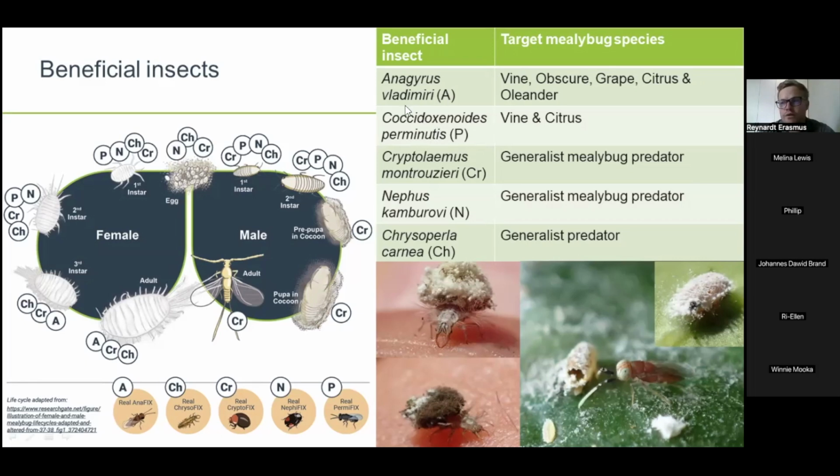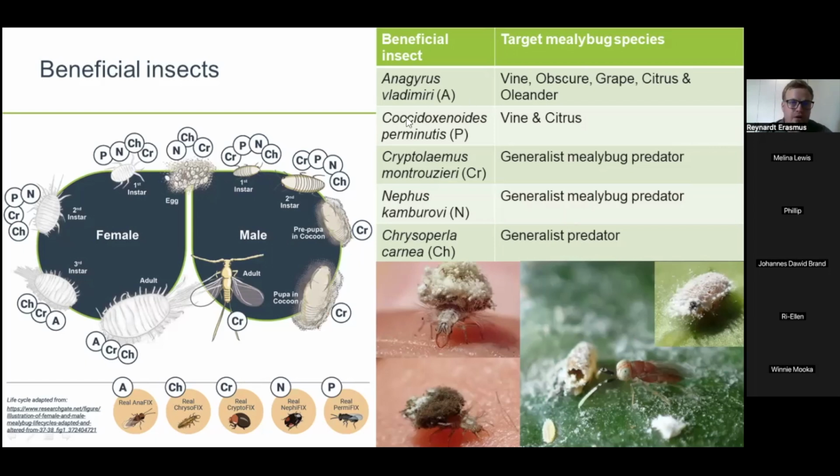These are both parasitoids. Parasitoid wasps lay their eggs inside their mealybug hosts. The larval wasp then goes through several instars inside the mealybug host, feeding on the internal organs, eventually turning it into a mealybug mummy, as it's commonly known in the industry, as you can see here, where a wasp has freshly emerged from the mealybug cadaver, or the mealybug mummy.